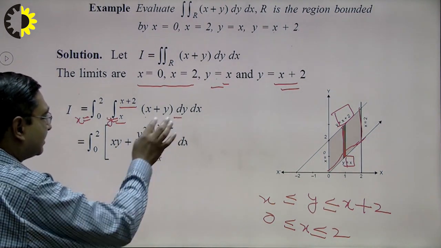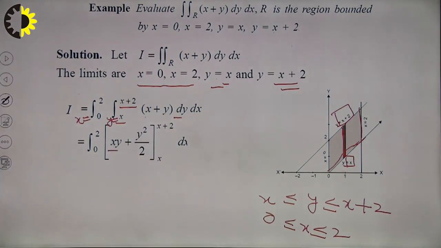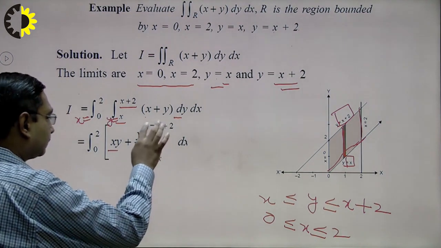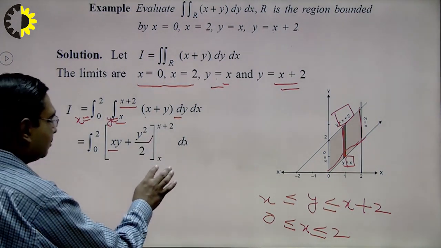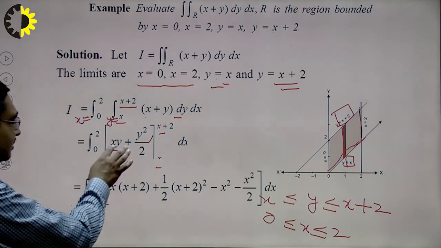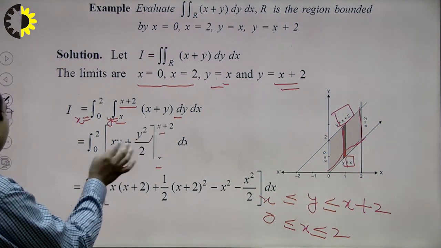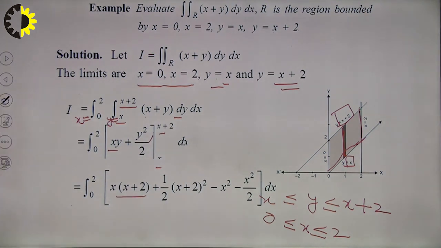So, this x integrated with respect to y will give xy. This y will give y square upon 2, and limits of y are from x to x plus 2. Applying these limits, y will be replaced by x plus 2, so it will become x times x plus 2.